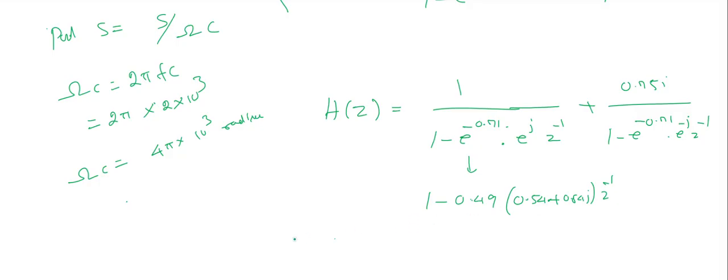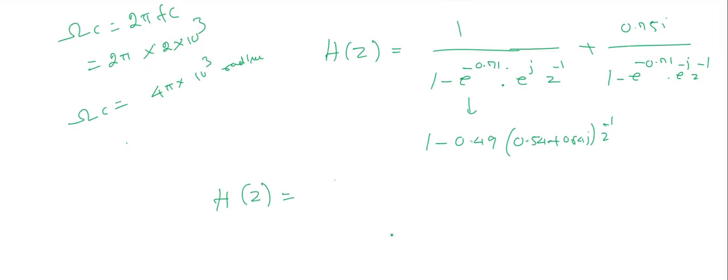So finally you can multiply these two, and cross check the values here. You will get 1 minus 0.49 of (0.54 minus 0.84j) z inverse.